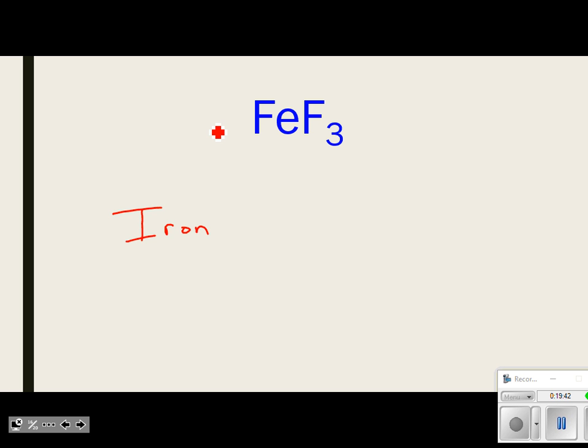Yes, it is. So what does that tell you? I need a Roman numeral. So I'm just going to put my parentheses in right now to remind myself I need a Roman numeral. It's multivalent. Okay? Ella, what is my anion?